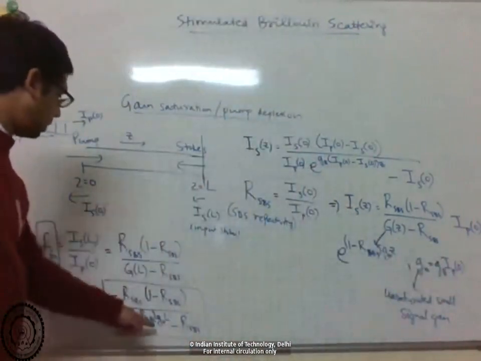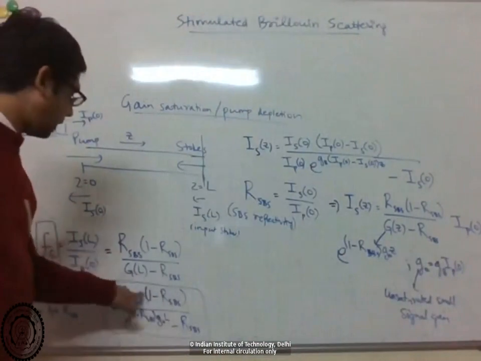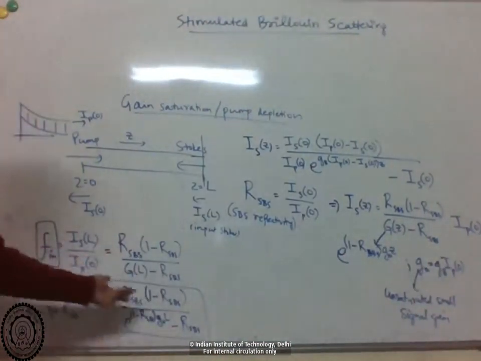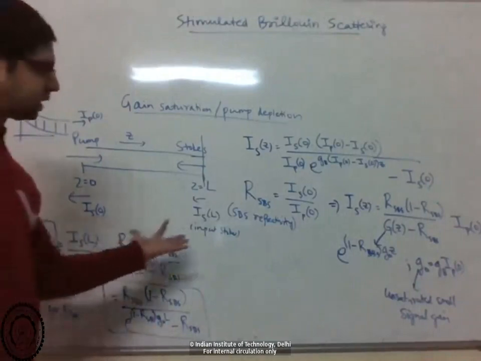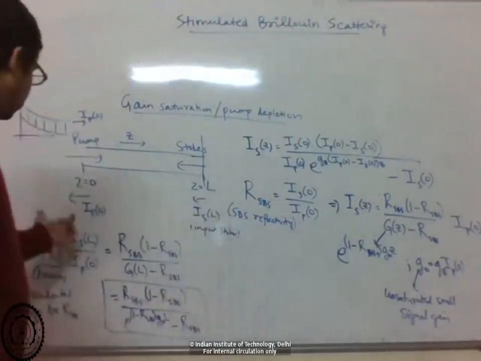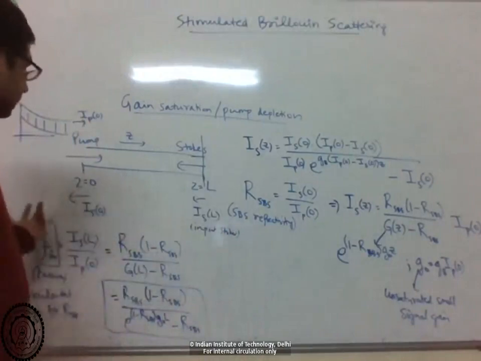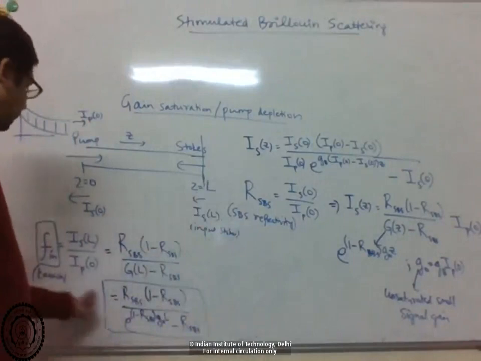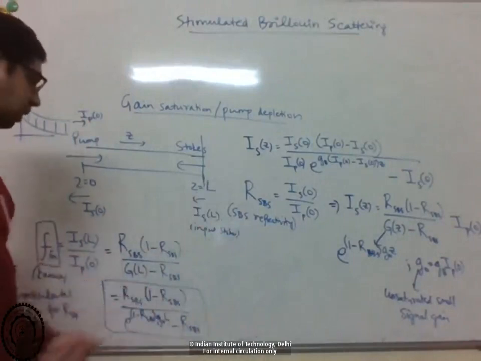L, of course, I know the length. So the only unknown is RSBS, right? Ideally, what I want is RSBS equal to something, but this is a transcendental equation, and we cannot get it in that form. So it's a transcendental equation that you have to solve for RSBS.